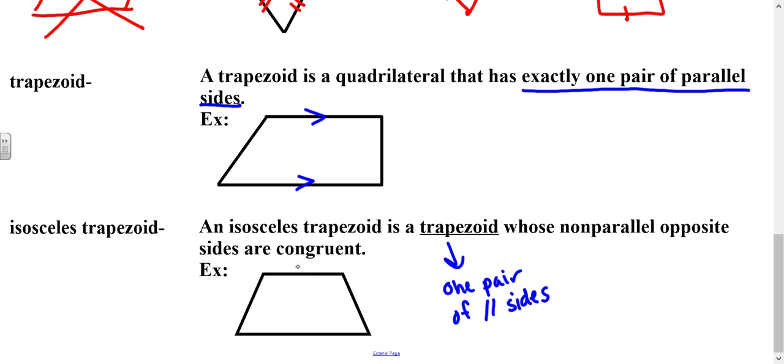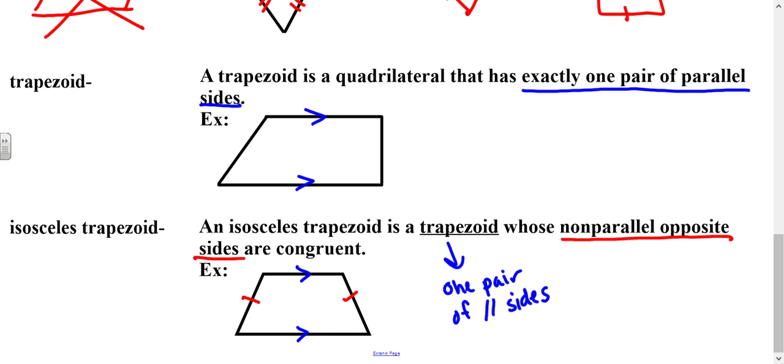So this side is parallel to this side, but the non-parallel opposite sides are congruent. So the sides that were not parallel to each other, this side and this side, are congruent to each other. And that makes it an isosceles trapezoid.